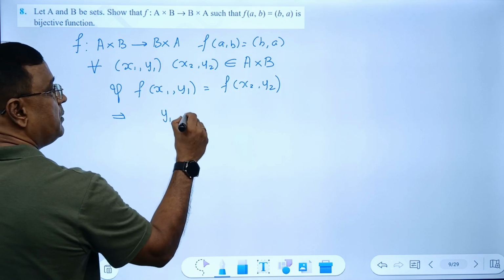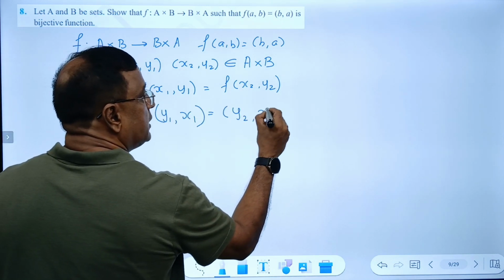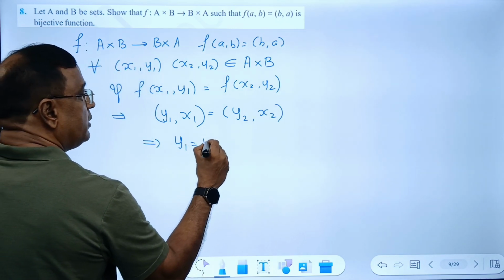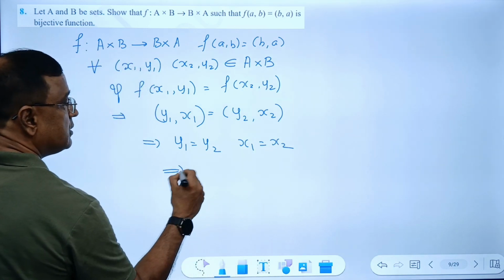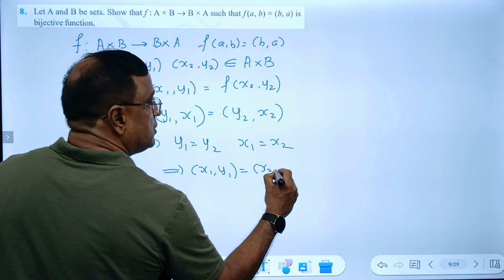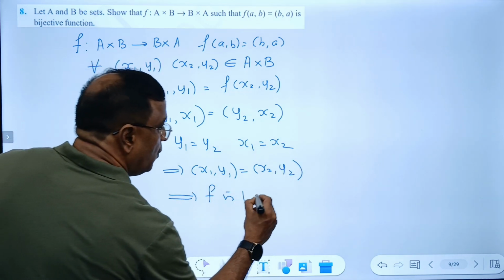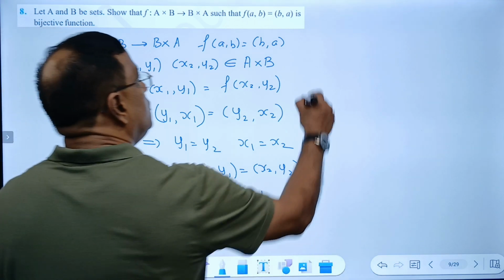It is (y1, x1) and this is (y2, x2). This implies y1 equal to y2 and x1 equal to x2, which implies (x1, y1) is equal to (x2, y2). This implies f is 1 to 1. Correct?